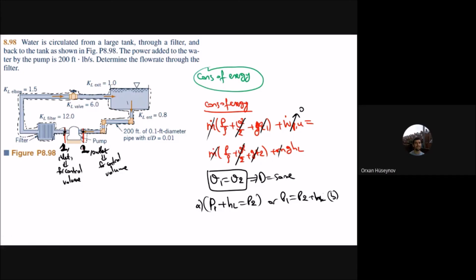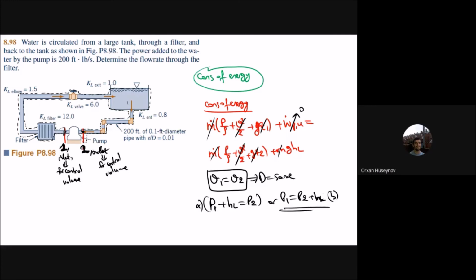Let's see your answers here. That says the first one. Okay, let's see one more answer. It says B, the second one, sorry. Why is the second one true?